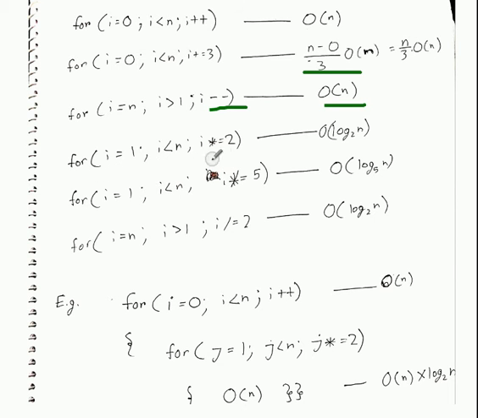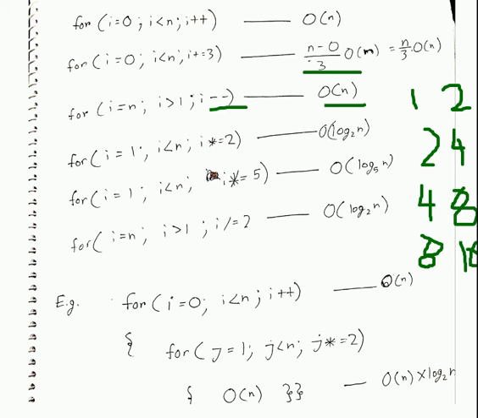Now here's something new. For i equal to 1, and i is multiplied by 2. So for the first time the loop runs, it's 1, and you get 2, and then i becomes 2, you get 4, and then it becomes 4, you get 8, and then when it becomes 8, you get 16.